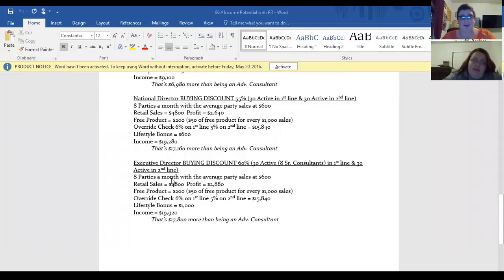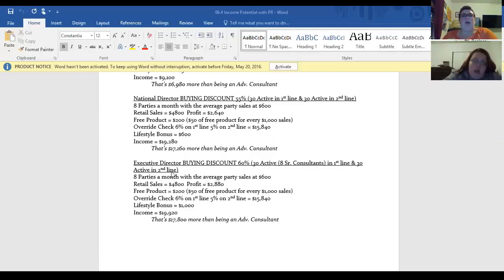An executive director, you get a 60% buying discount. You have at least 30 active, and 8 of them are senior consultants, and 30 active in the second line.